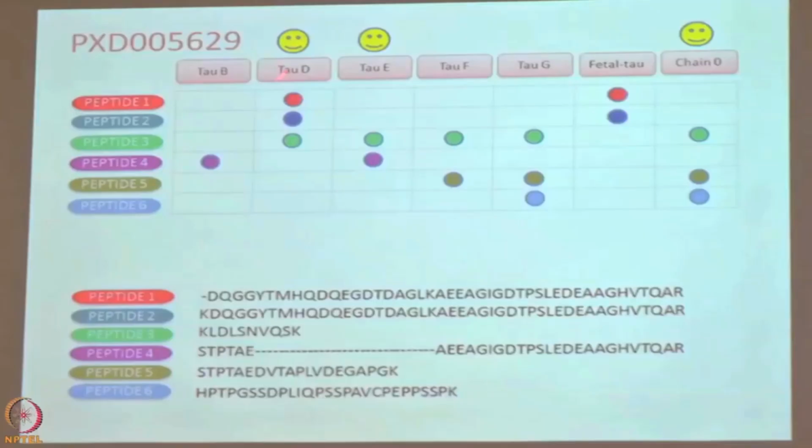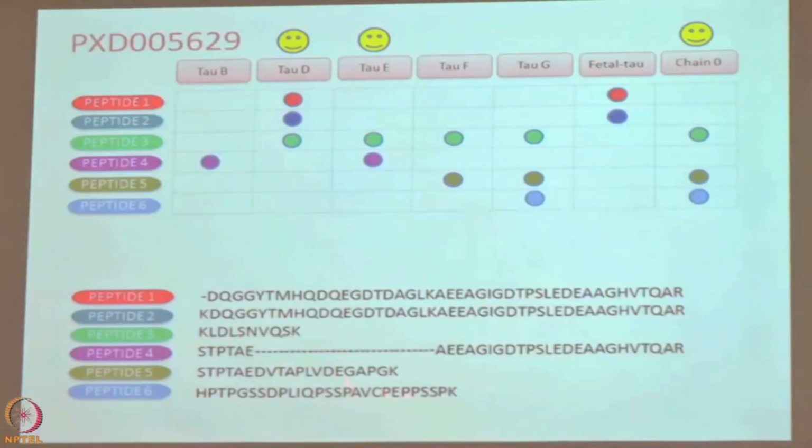Comparing evidence of tau D and fetal tau together, we gave an answer that these are most likely the 3 proteoforms in my sample. But as I told you very clearly, we can debate for another 1 hour or overnight on why this is possible, why that is not possible.